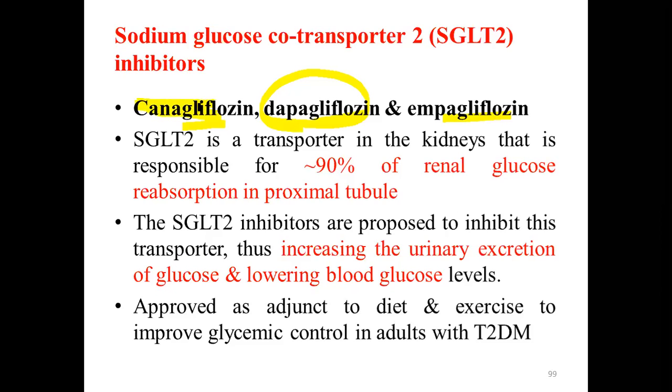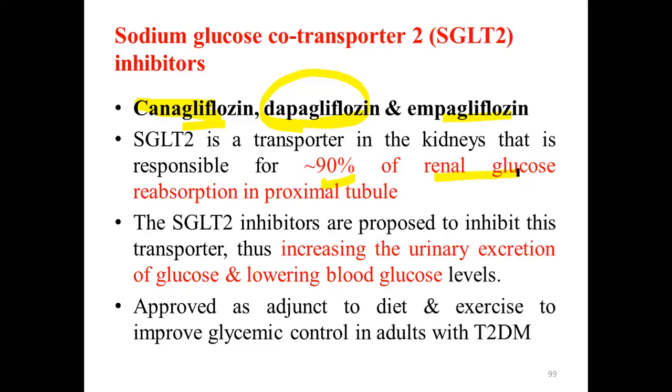So SGLT is a transporter in the kidney which is responsible for 90% of renal glucose reabsorption in the proximal renal tubule. The SGLT2 inhibitors inhibit this transporter.